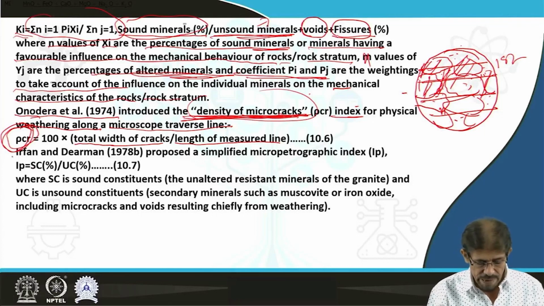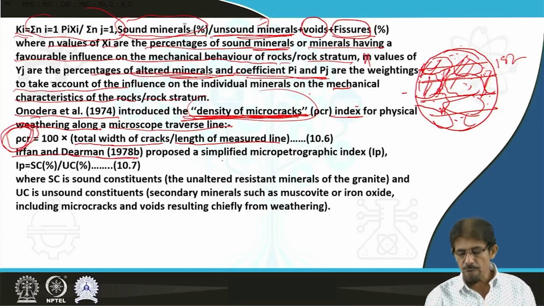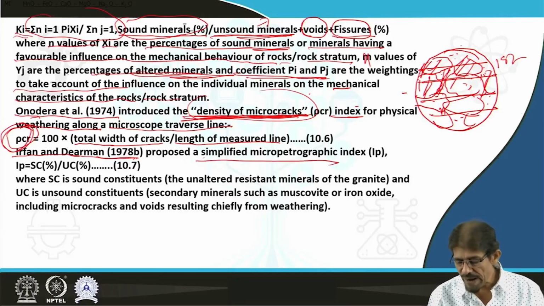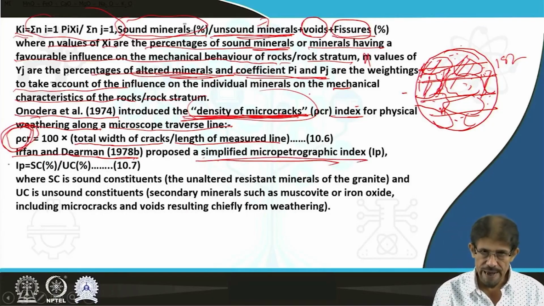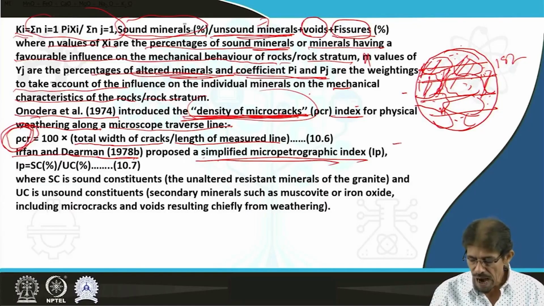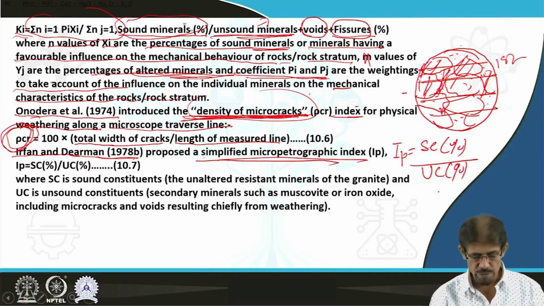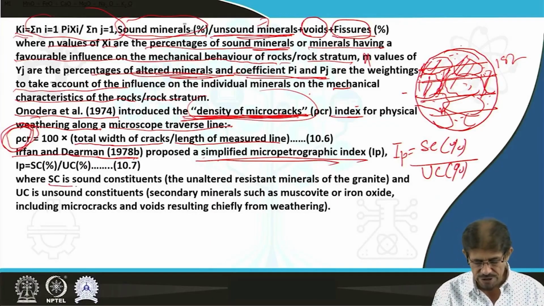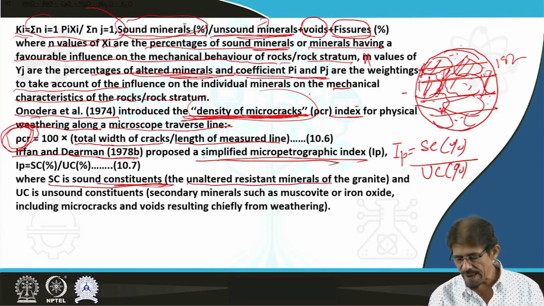Further, Irfan and Dearman in 1978b proposed a very simplified petrographic index. And this petrographic index is very simple. IP is equal to SC presented in percentage divided by UC also in percentage, where SC represents sound constituents, meaning unaltered resistant minerals present in a type of rock.